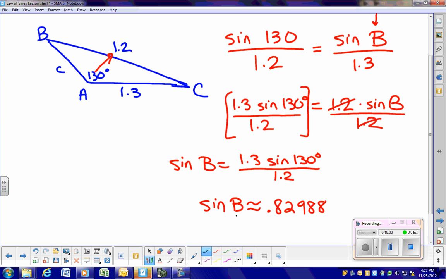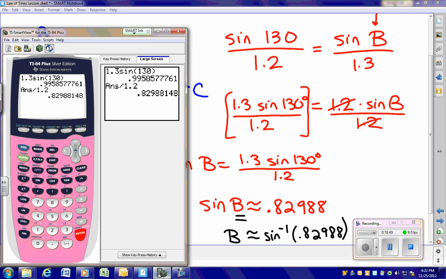To get just capital B, I need to inverse sine the other side of the equation. So B is going to be inverse sine of 0.82988, etc. Okay, pull your calculator back up, and we'll have to do the inverse sine of the previous answer.